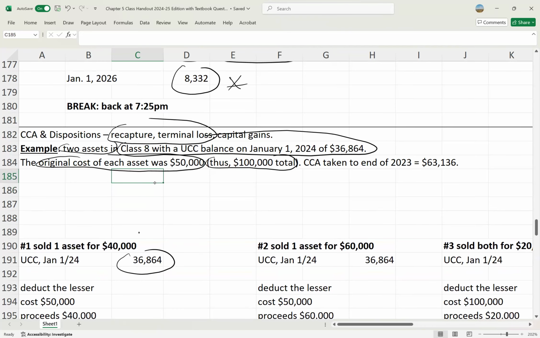All we're saying is that in this class 8, years ago, we added 100,000 to this class, which was two assets times 50,000 each. Over the years, we deducted CCA of 63,136. Now we get to the beginning of 2024, and we're left with 36,864. This is the starting point for this example.